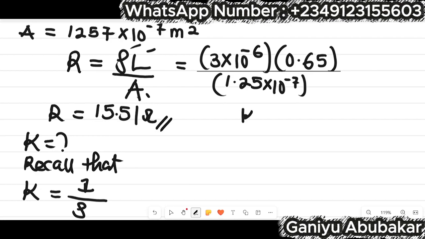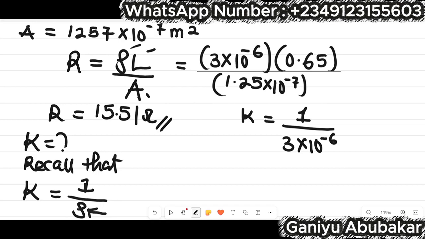So K will be equal to 1 all over the value for resistivity, rho. Check the value in your book. That's 3 times 10 to the power of minus 6.